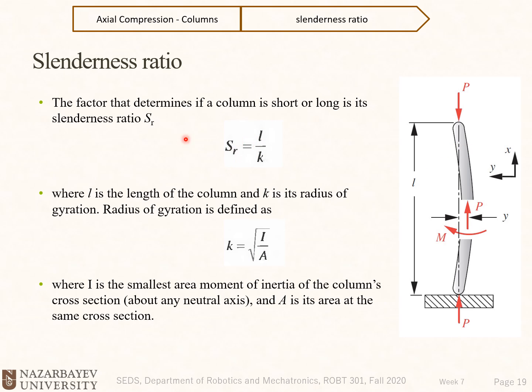So we could calculate a slenderness ratio. You could see if we plot the free body diagram of half section of the column, we'll have compressive force P and the bending moment M at the middle.